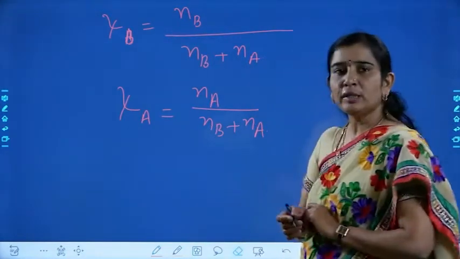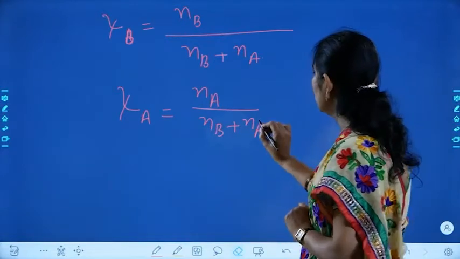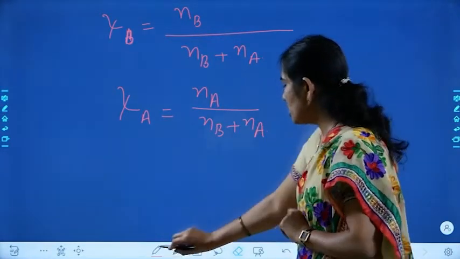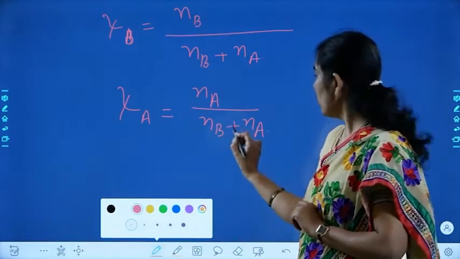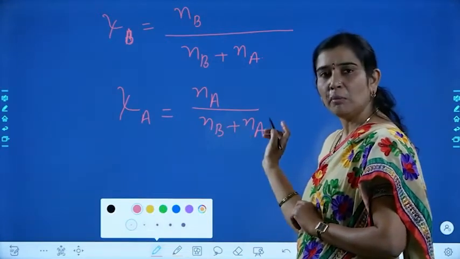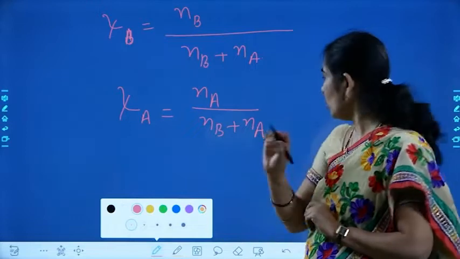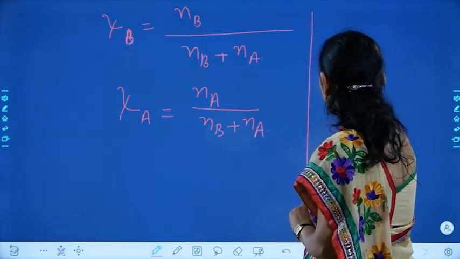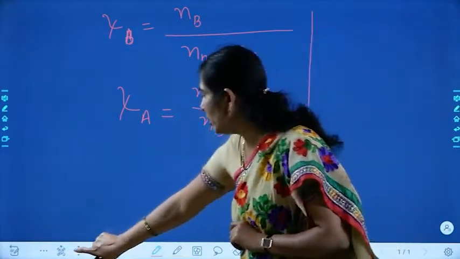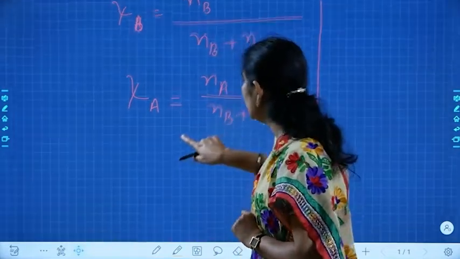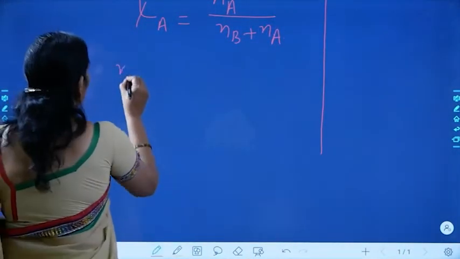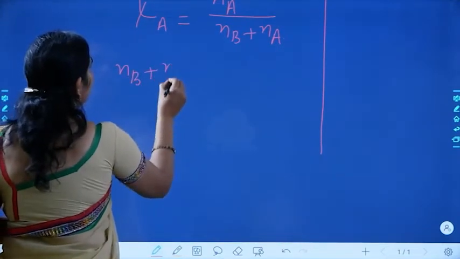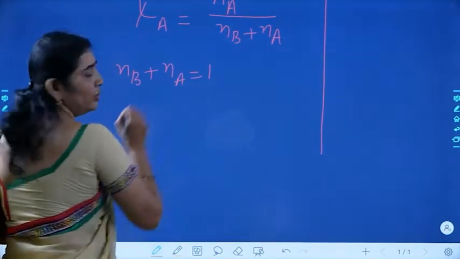Always, for this mole fraction concept, the sum of the mole fractions of solute and solvent is equal to 1, so Nb plus Na is equal to unity.